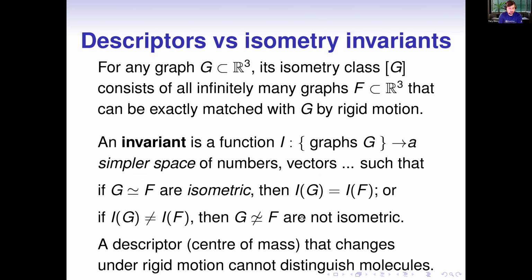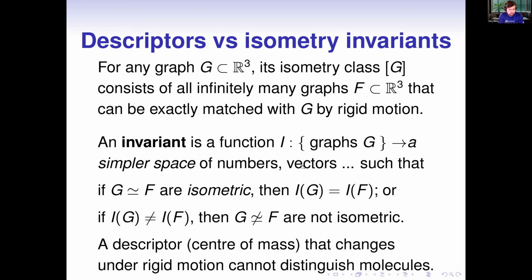And so we call those descriptors. So any graph, its isometric class can consist of infinitely many graphs, and now we define an invariant.